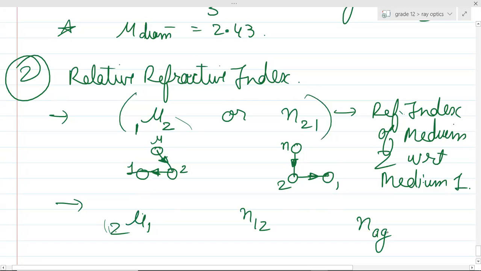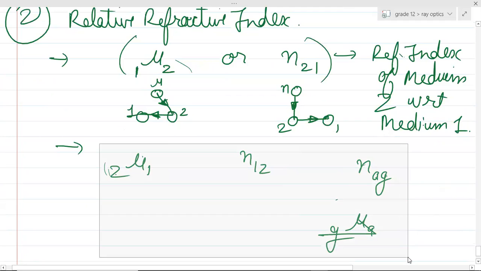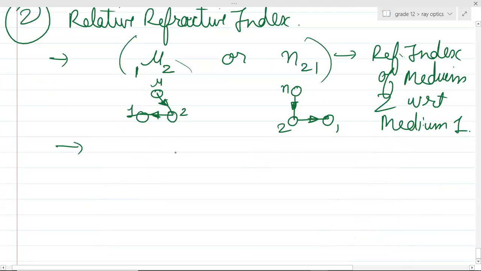Can you see, air with respect to glass? So you'll read this first and then this. Everyone understood how to read it? The way you read it, that is how you define it.